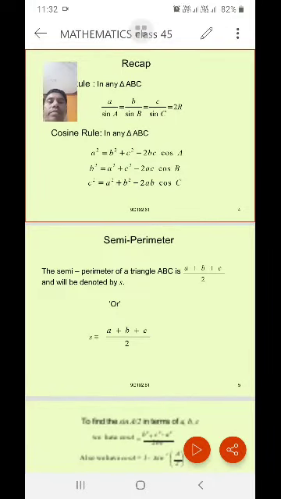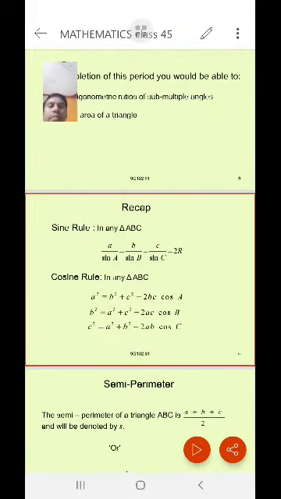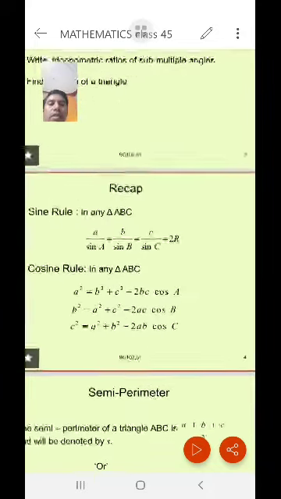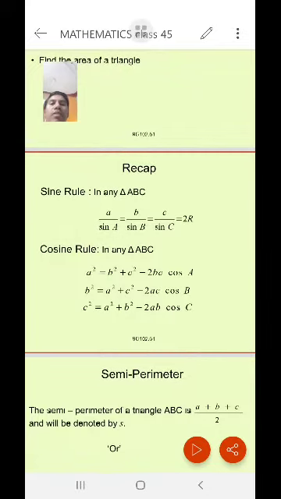Recap. Sine rule. In any triangle ABC, a by sine A equals b by sine B equals c by sine C equals 2R. Next, cosine rule.